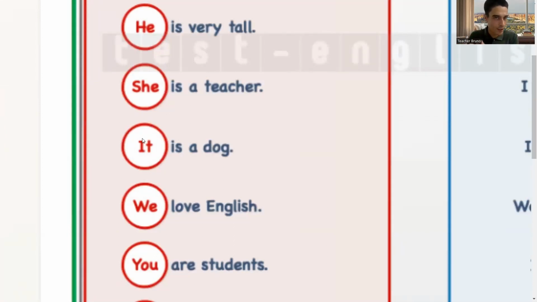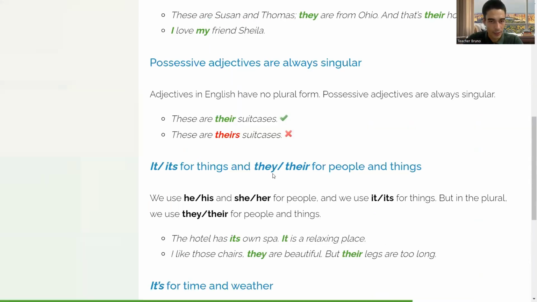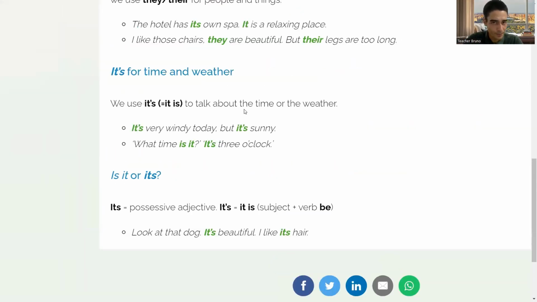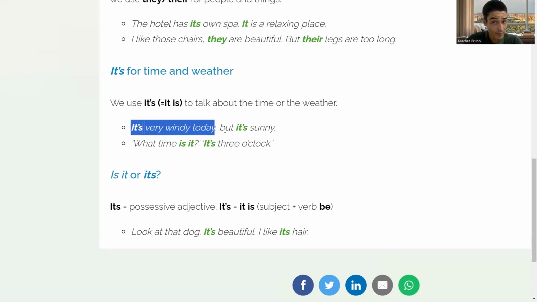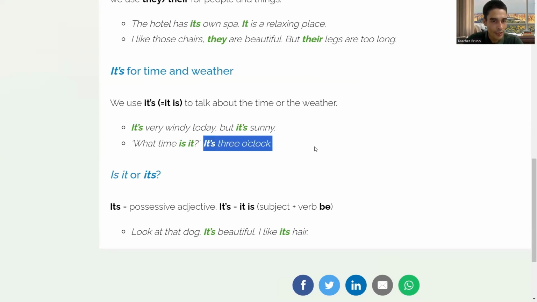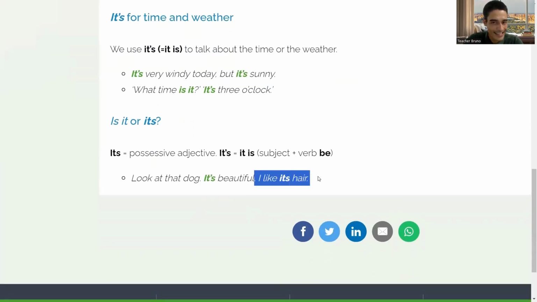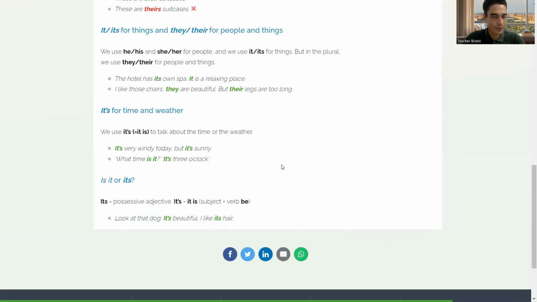It's a dog. So be aware of the apostrophes. Anyways, proceeding from here, it's very windy, but it's sunny. What time is it? So this is the subject pronoun. It's 3 o'clock. I like its hair. Who are we talking about? The dog. So this is the reason why it's.